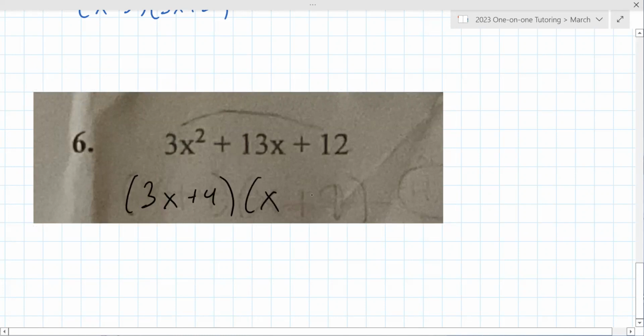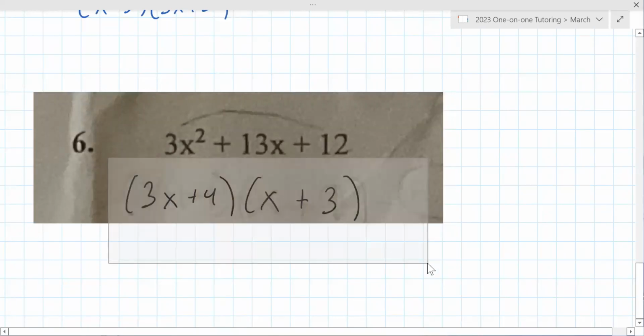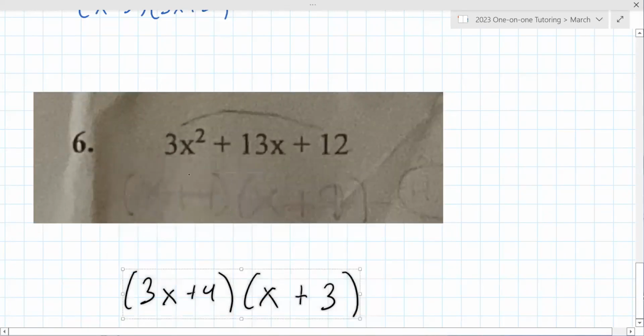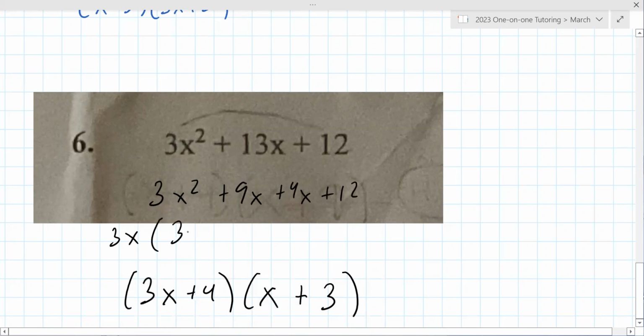They have to both be positive. Oh. Where's my error? I heard all the right stuff up until then because it's 3x squared plus 9x plus 4x plus 12. And then you factor out a 3x plus 3. Ooh, that's an issue. Should be 3x plus 3.